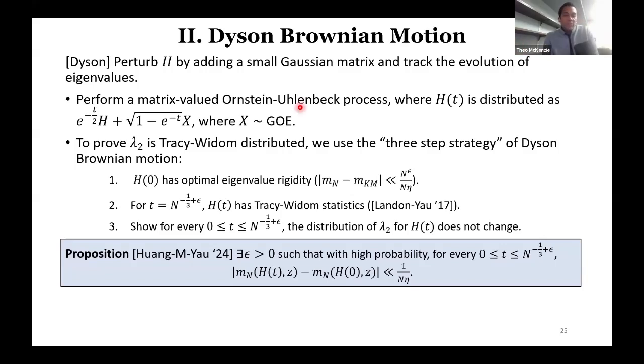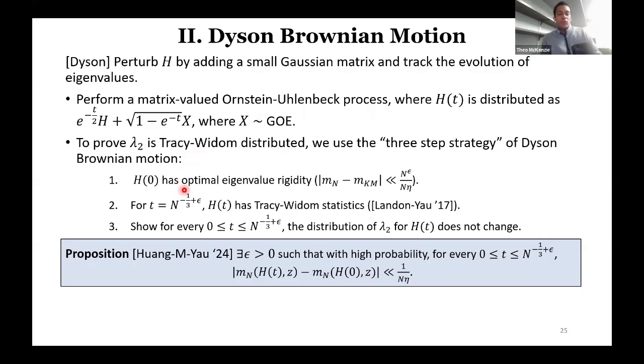So specifically, I'm just going to randomly do Brownian motion on individual entries of my matrix. And I'll do this in such a way that at time t, my matrix is distributed such that I have my original matrix, and then I have a matrix with Gaussian entries, so this GOE, and I'm slowly replacing the original matrix with this Gaussian matrix. Now, given this, we're going to do what's called the three-step strategy of Dyson Brownian motion.